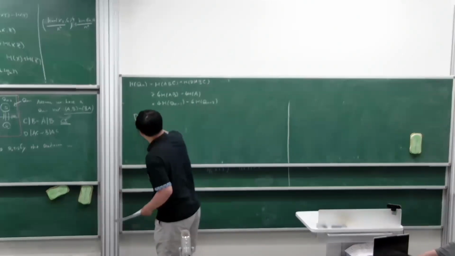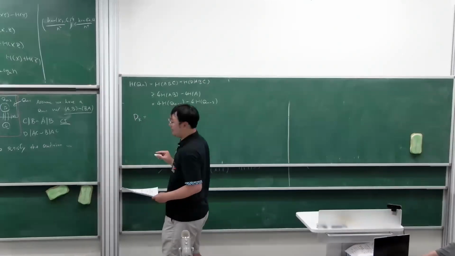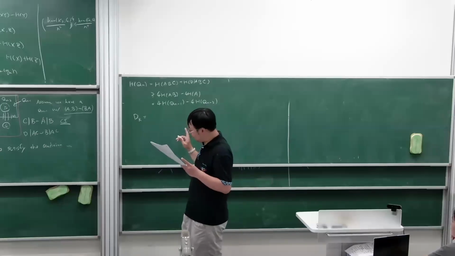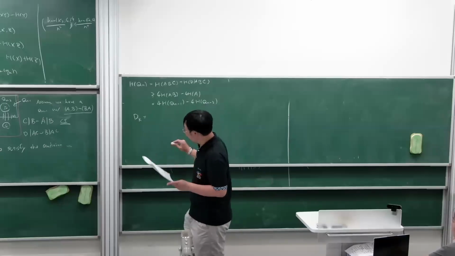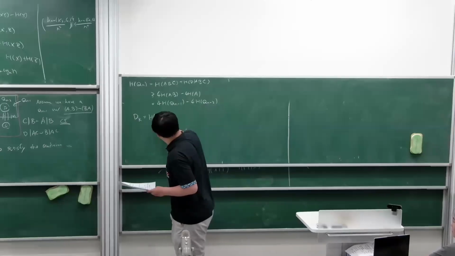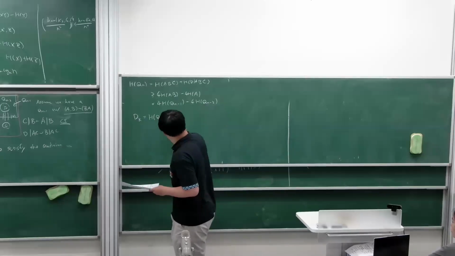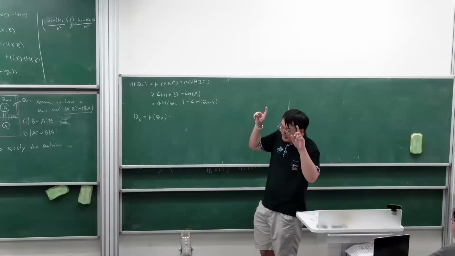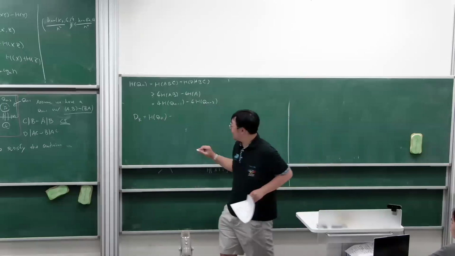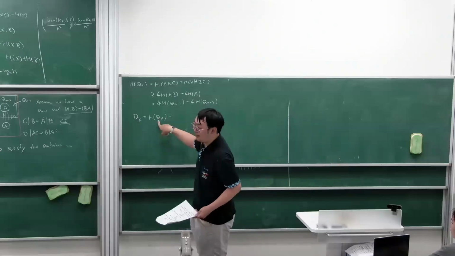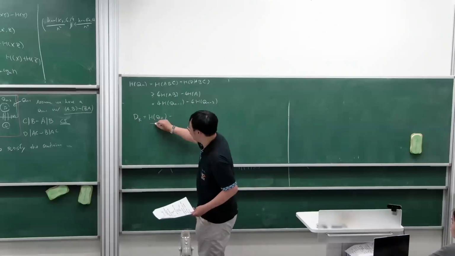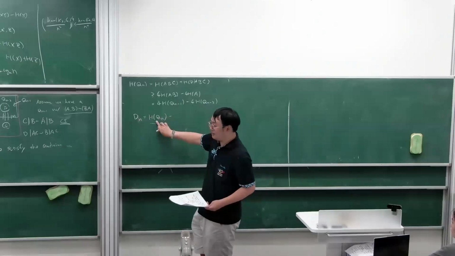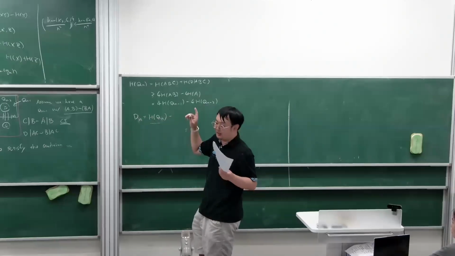So let me denote the decay to be, okay, let me do it this way. I'm going to define dk to be the homomorphism density we want, which means that I'm going to take the number of homomorphisms. You should think of this H of Qn as the log of the number of homomorphisms.